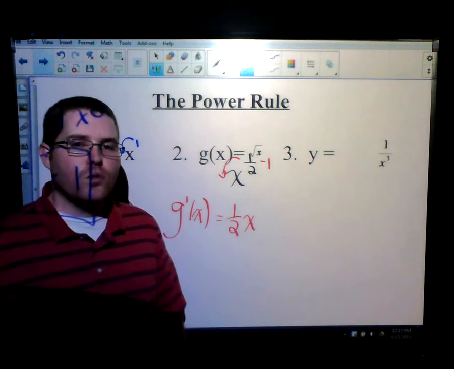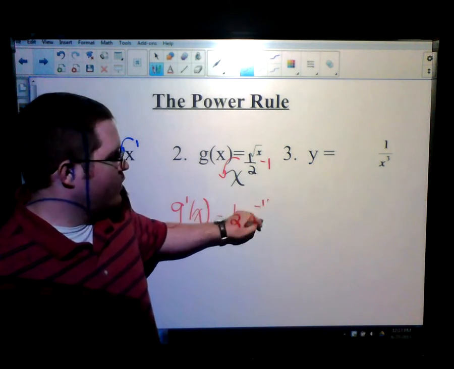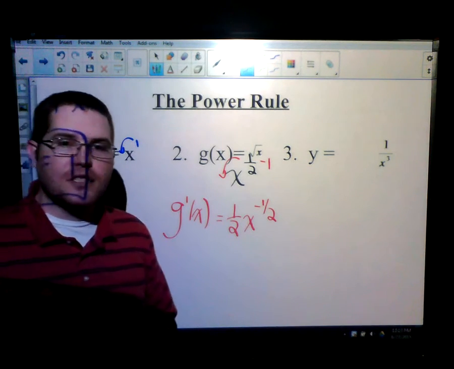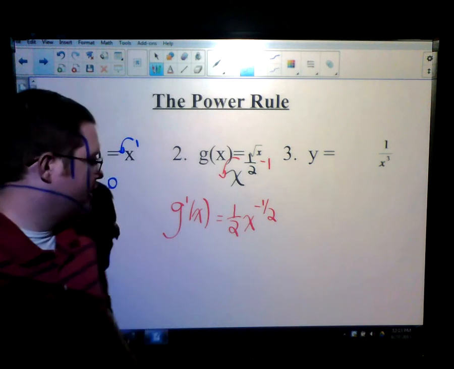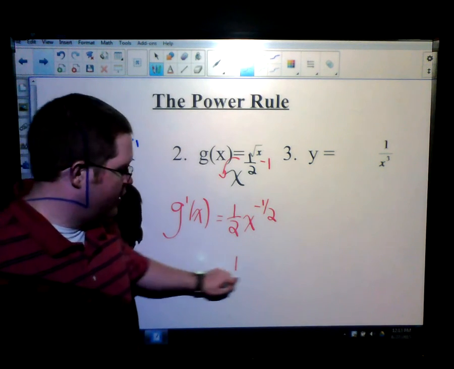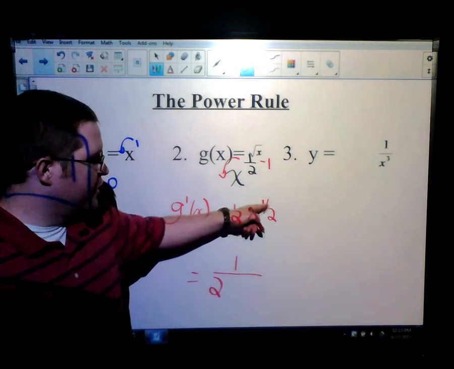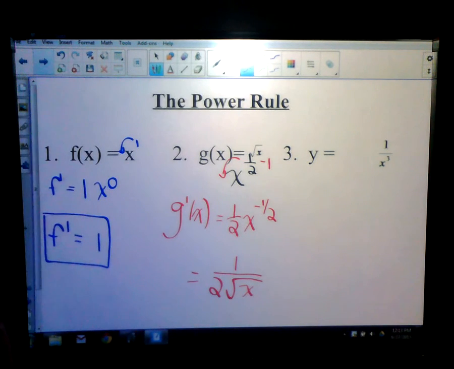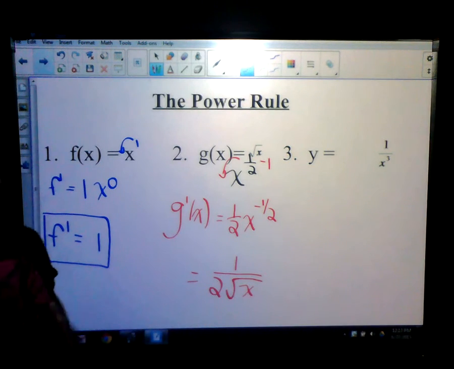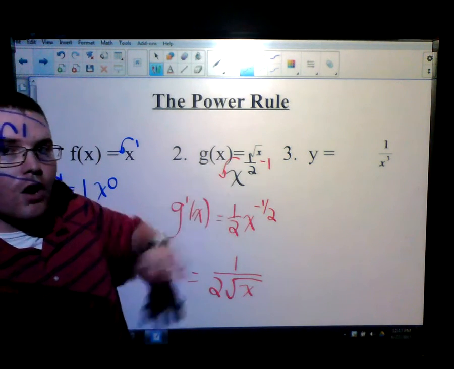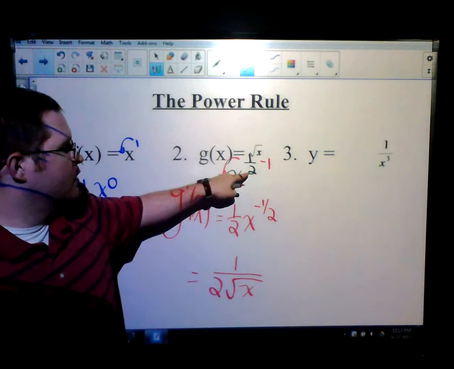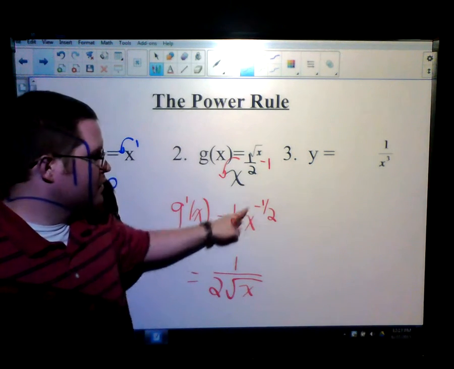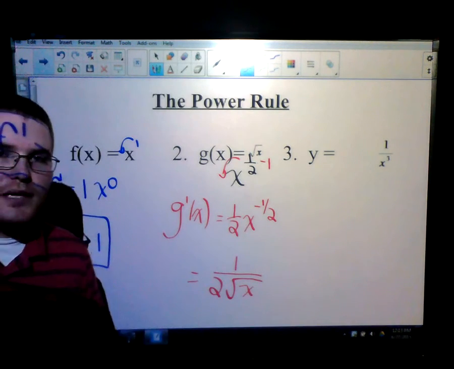What is 1/2 minus 1? It's negative 1/2. That's fine for an answer, but you'll never see the answer written like that on a multiple choice test. That's 1/2. This goes on bottom, and a 1/2 power is a square root. Okay? So what did I do? I rewrote the problem as a power. Always want it as a power. Did the power rule, put it in front, subtract 1, and then clean this up. This is a square root on the bottom. Negative means on bottom.